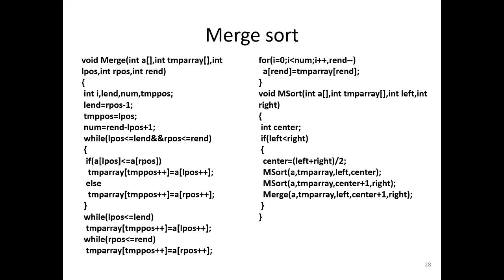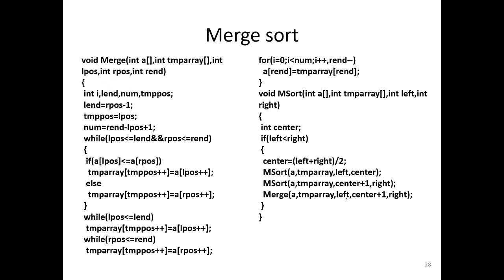After dividing, finally you merge using the merge function. The merge function accepts the array, the temporary array, the left value, center plus 1 and the right value. In the merge function, we identify the left position, right position, left end and right end.